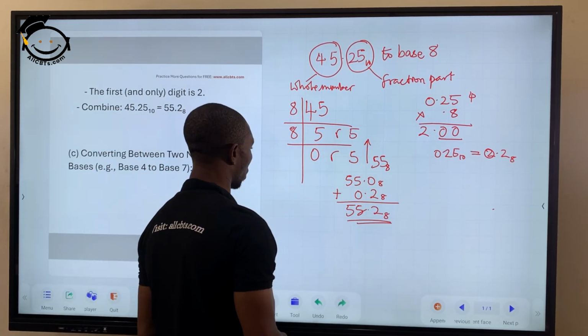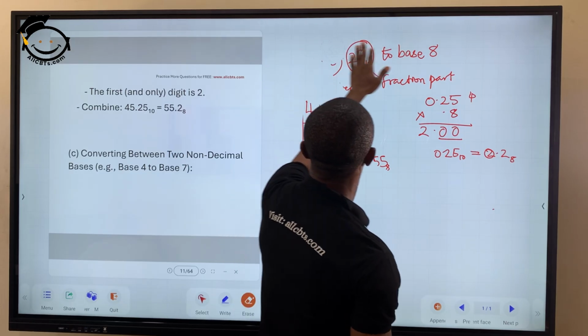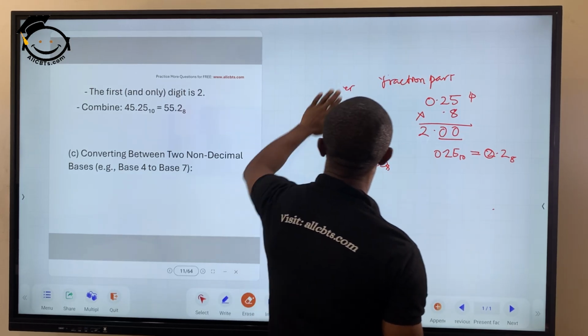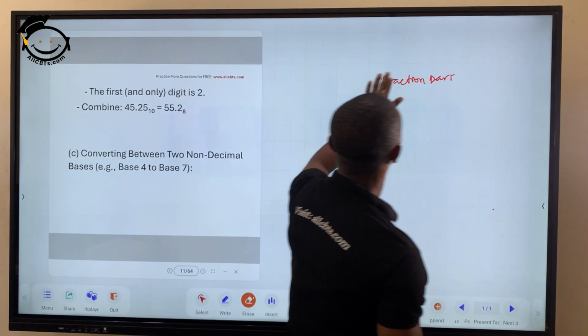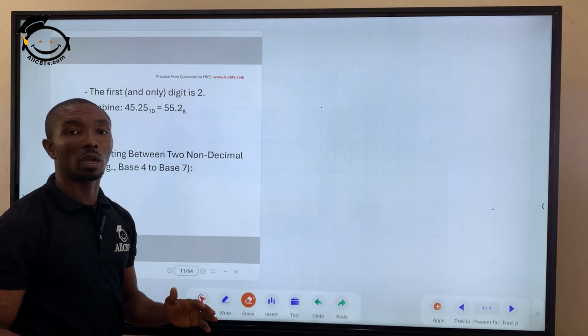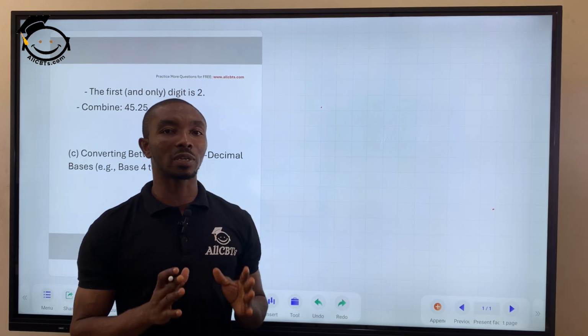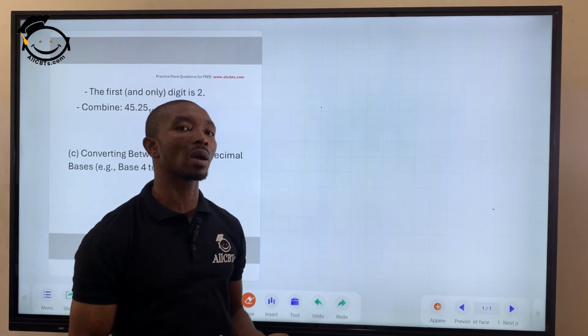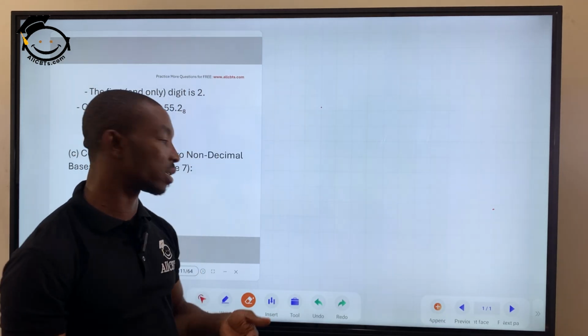Next, we'll be looking at converting between two non-decimal bases. An example is converting from base 4 to base 7. Converting between two non-decimal bases is simply this: you first convert the number back to base 10, before you convert to the next base.